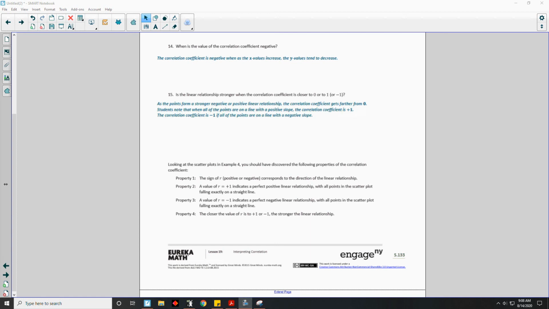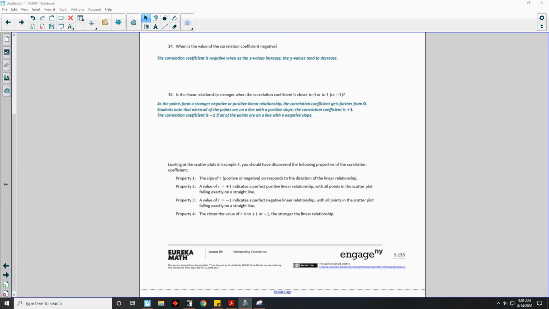Okay, so as the points form a stronger negative or positive linear relationship, the correlation coefficient gets farther from 0. So you should note that when all of the points are on a line with a positive slope, the correlation coefficient is a +1. The correlation coefficient is a -1 if all of the points are on a line with a negative slope.